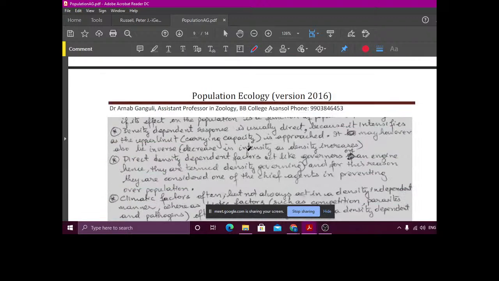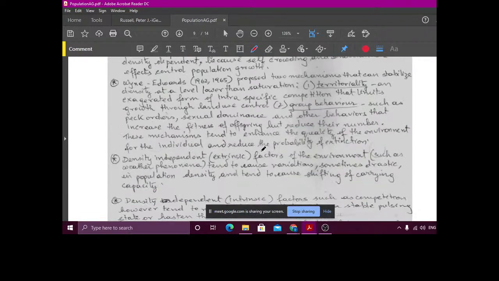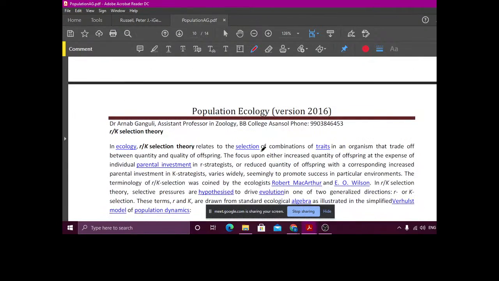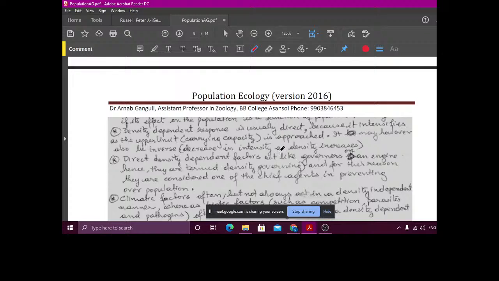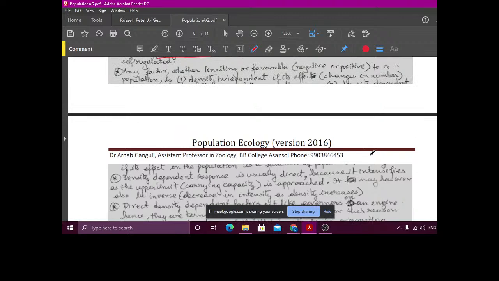So, what do you mean by density dependent? Density dependent factors are factors which depend on the density, and density independent factors do not. Say a population is increasing here and a population is decreasing here.